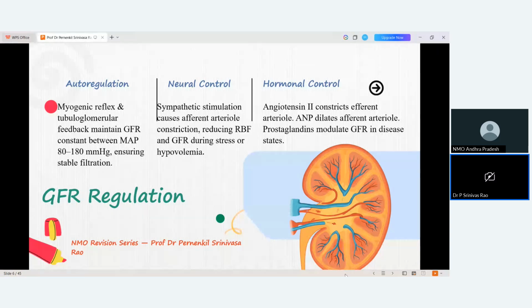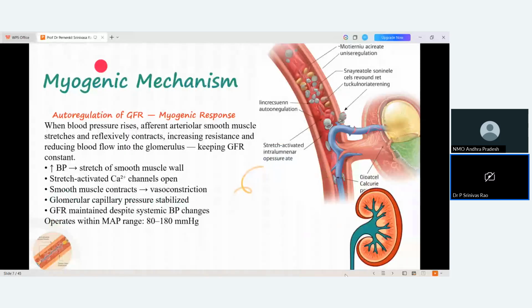So now come to the first one: auto-regulation, myogenic mechanism. Whenever there is an increase in the blood pressure, there is a stretch of the smooth muscle wall. When the stretch happens, what happens? Stretch activated calcium channels open.